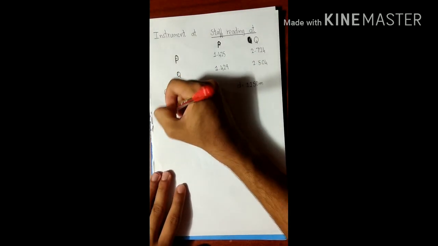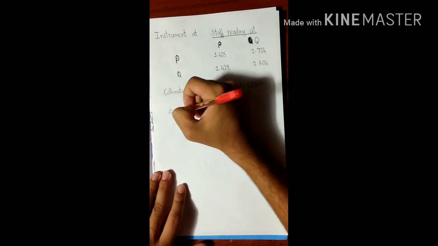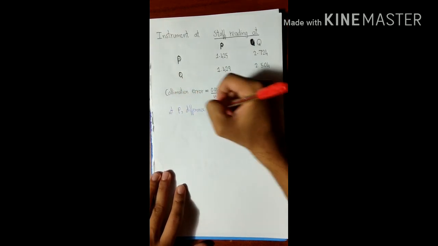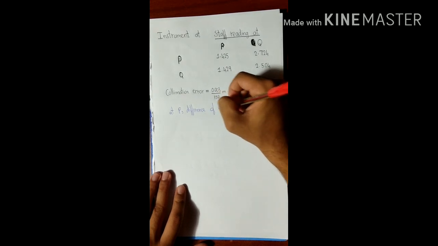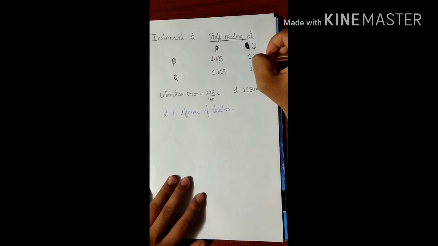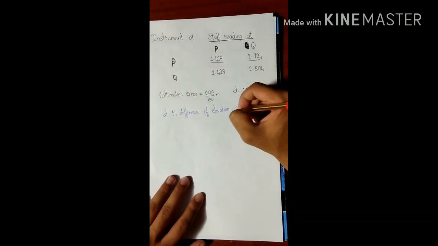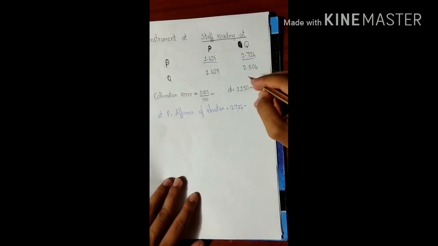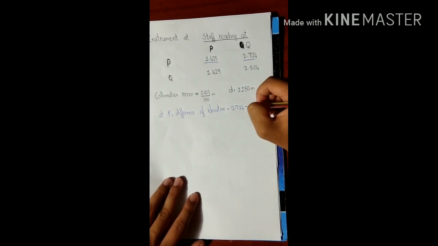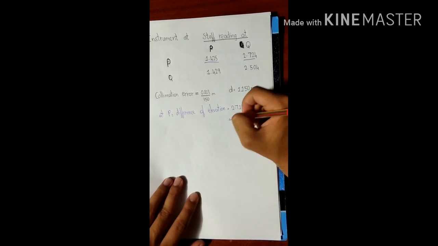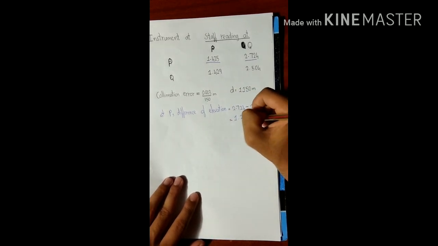With the instrument at P, the difference of elevation is given by 2.724 minus 1.425, which are the readings of P and Q as viewed from P. The answer will be 1.299 meters.